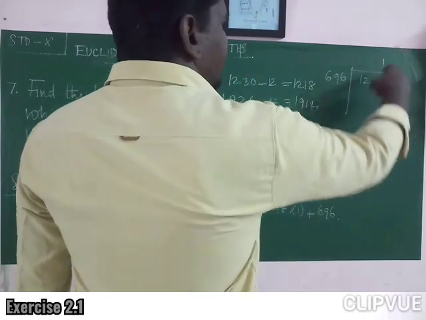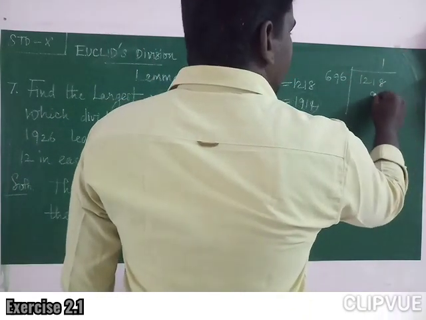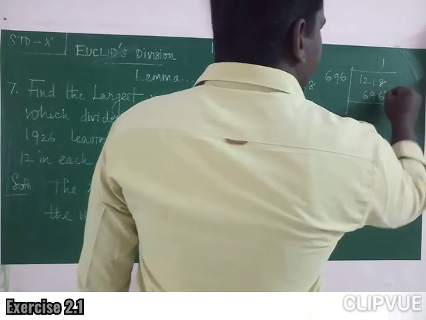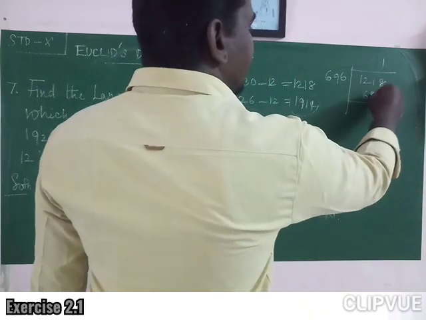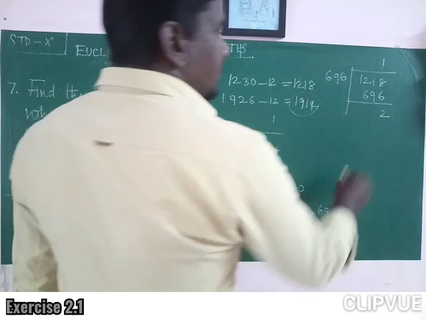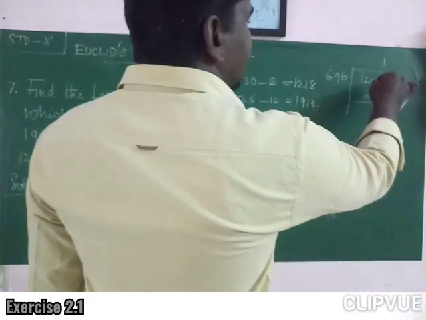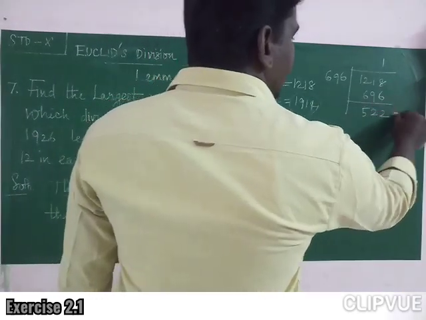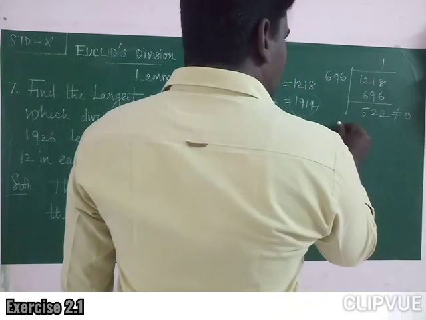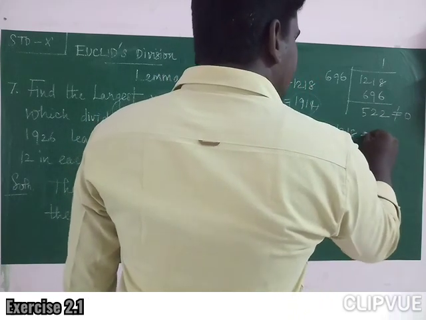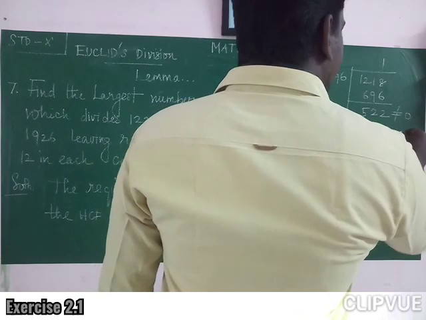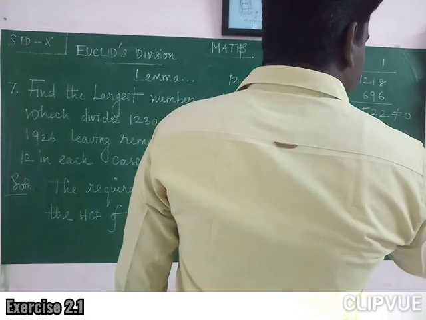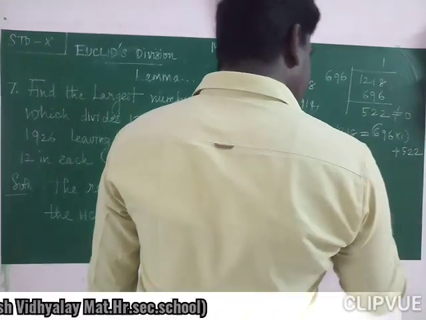So only one time. 1 6 are 6, 9, 6. 8 minus 6, 2. 11 minus 9, 2. 11 minus 6 is 5. It is not equal to 0. So 1218 can be written as 696 into 1 plus 522.